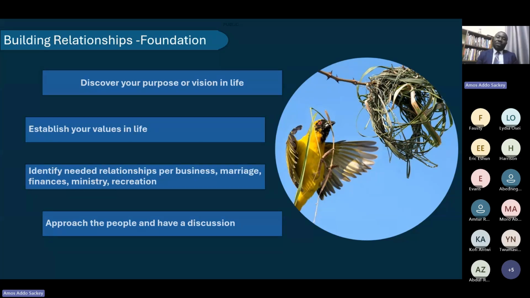So you look at the area and then you see the relationship that you need. So approach the people and have a discussion with them. If it's a family, you already come from it. If it's a family you want to start, you need to approach the lady. If it's mentorship you need, if it's friendship, if it is partnership, all these ones, you need to approach the people and have a discussion.